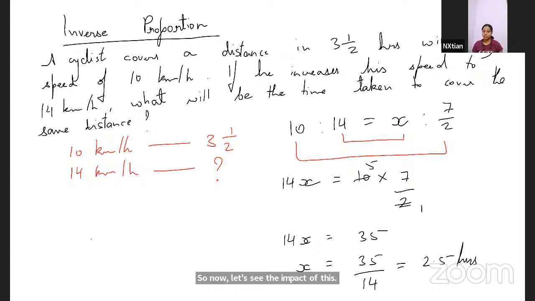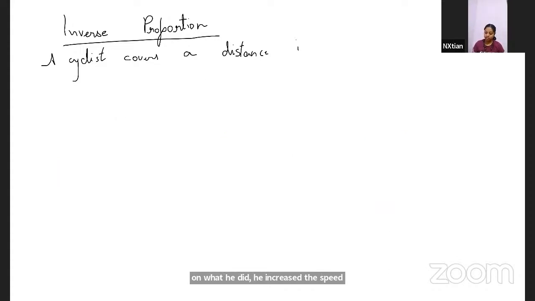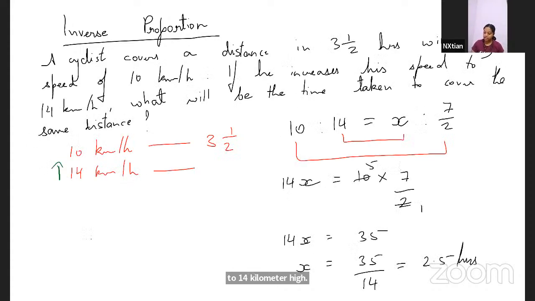He was going first with a speed of 10 kilometers per hour. What he did, he increased the speed to 14 kilometers per hour. Now, when he increased the speed, what happened to the time? The time decreased, from 3.5 hours to 2.5 hours.